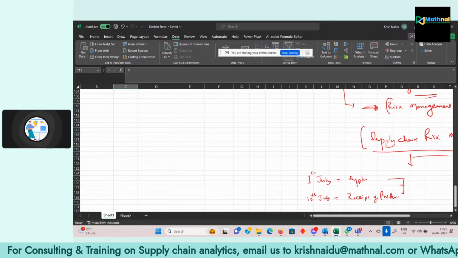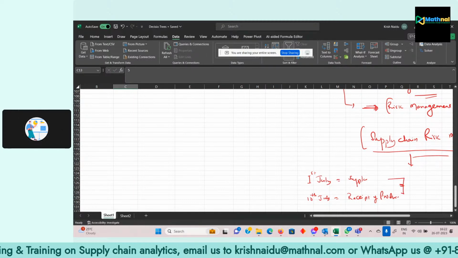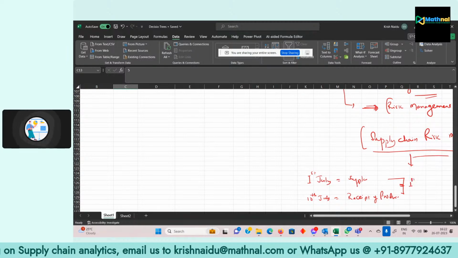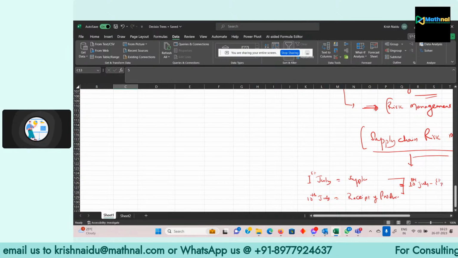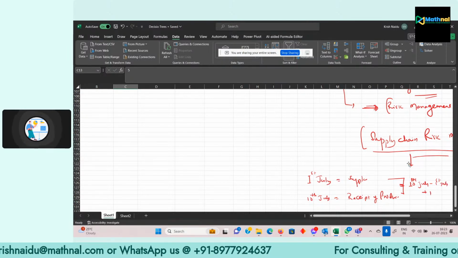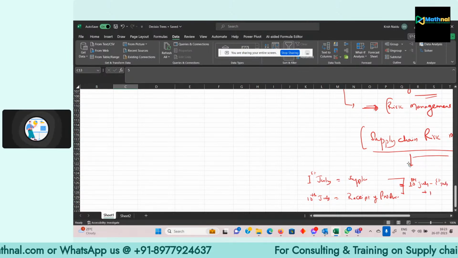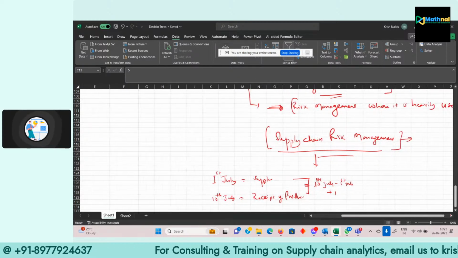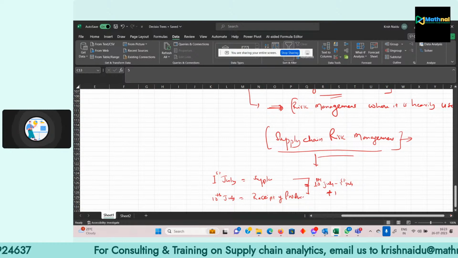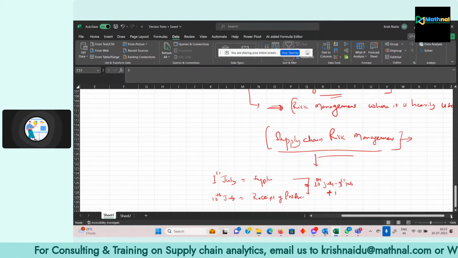It is 10 July minus 1st July, plus 1, because we have to add the 1st July also, since the day we gave the order is considered an operational date.